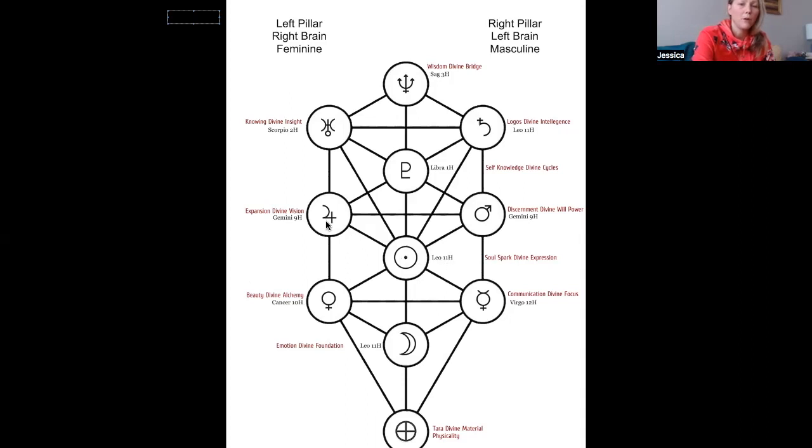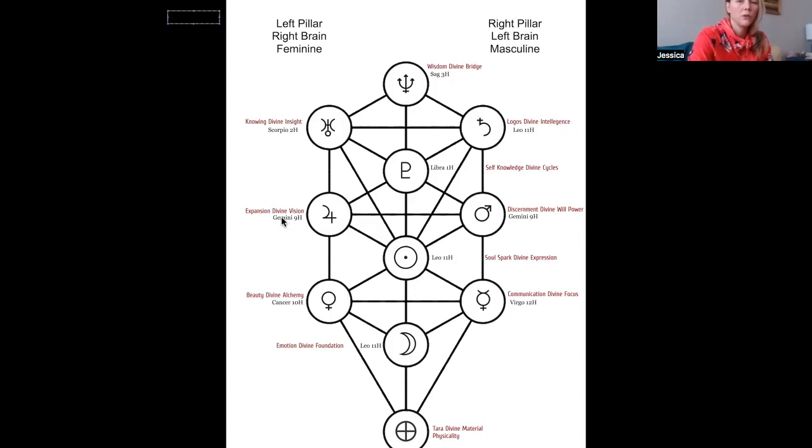And then, moving up into higher wisdom, the lessons get a bit more challenging, right? We're having to expand our soul spark, it encompasses more, right? And it's encompassing a greater vision.